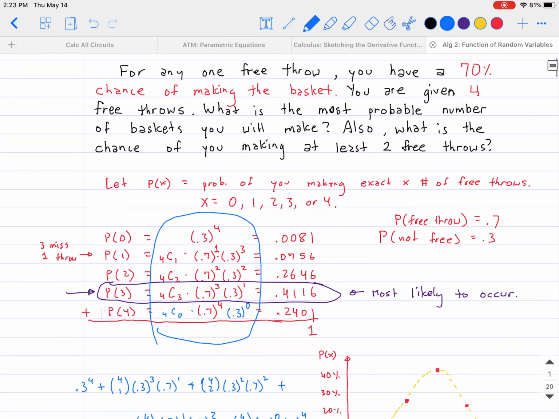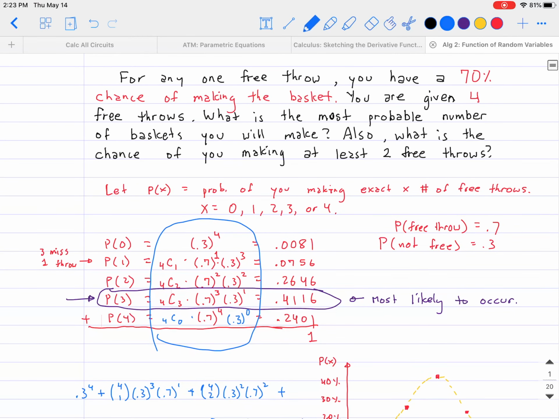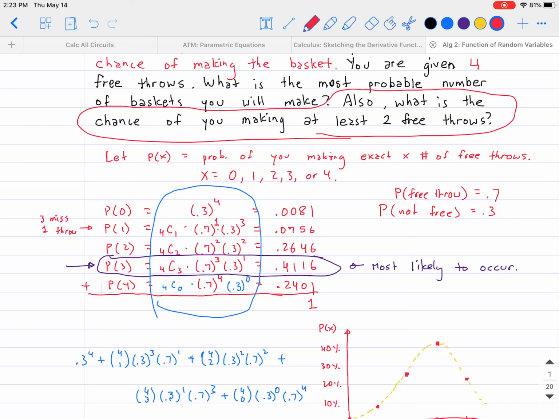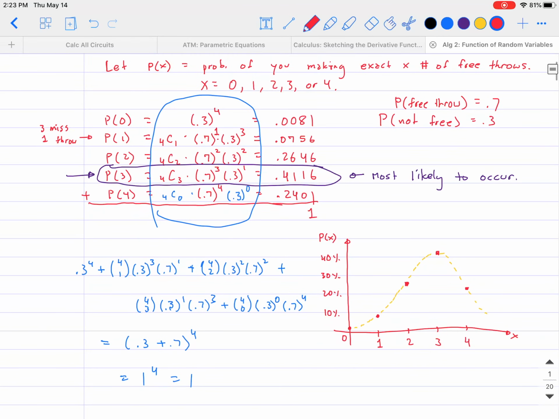The final answer that we also want to get out of this is, what is the chance of you making at least two free throws? So for this part right here, if I'm going to make at least two free throws, we are looking at P of x greater than or equal to 2. So that means everything from 2 all the way to 4.